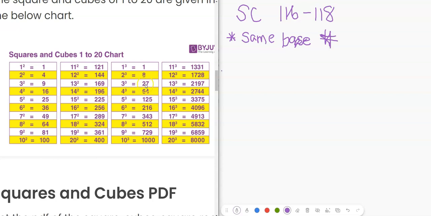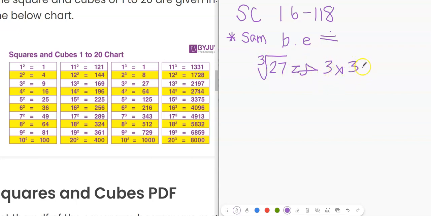Anyways, if we look here, we can see that the cube root of 27 is 3. What that means is that 3 times 3 times 3 is 27.